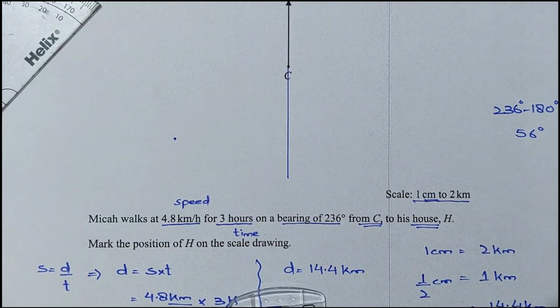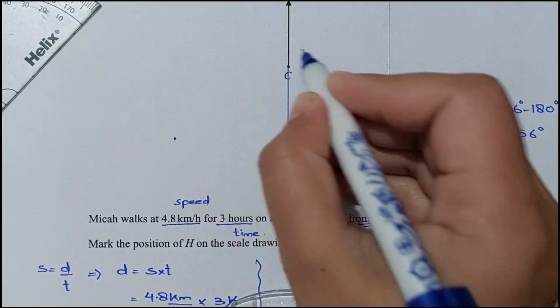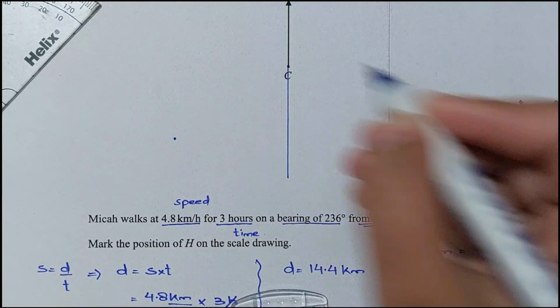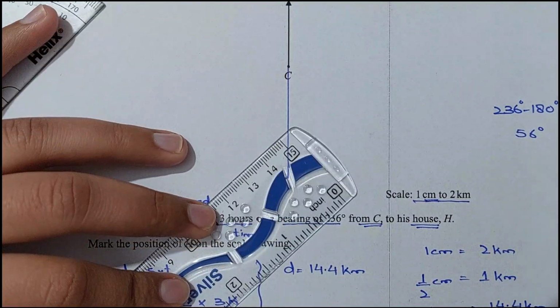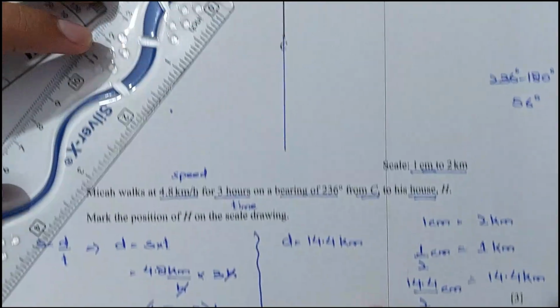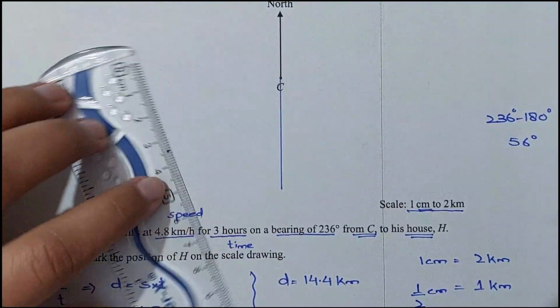Now let me find out the position of his house H, because this is the whole bearing of 236. In 180 add 56, we will get 236, and the length should be 7.2 centimeters. This is in centimeters.